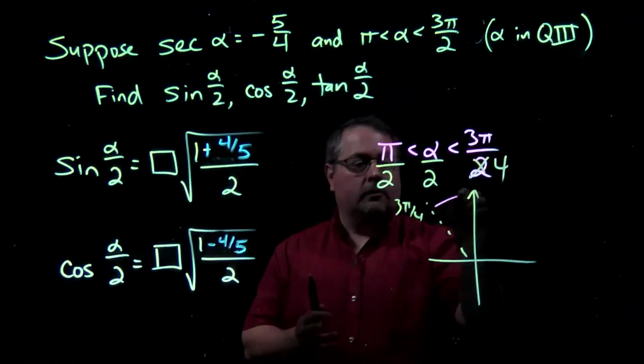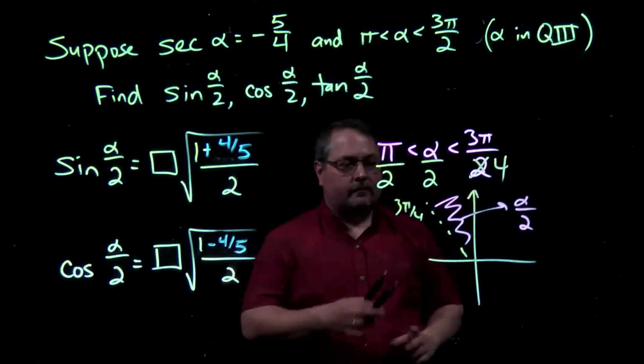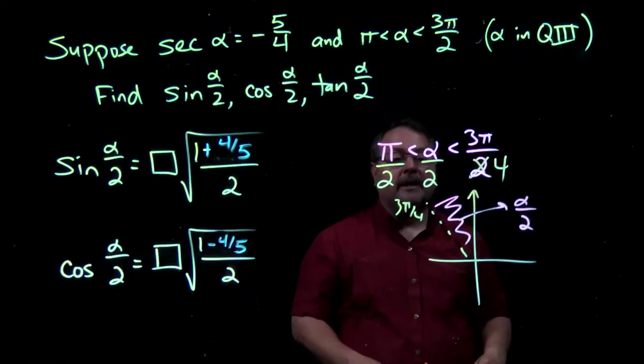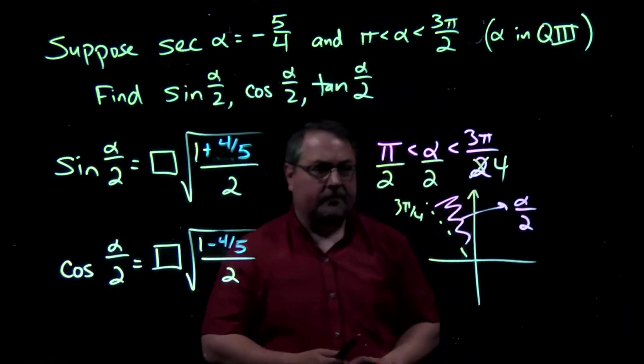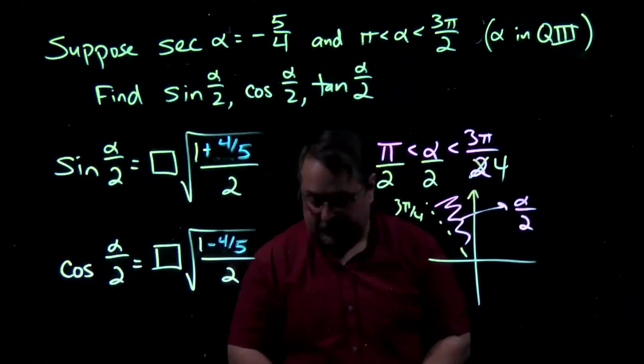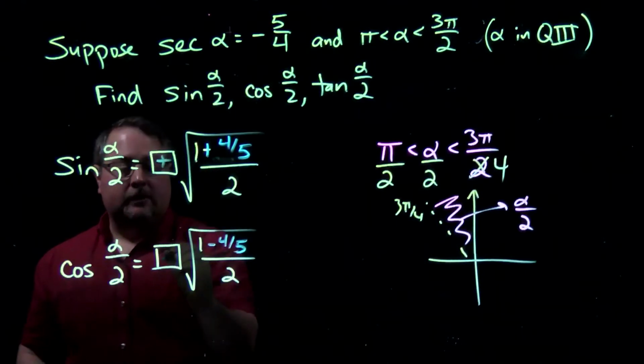Okay, so alpha over 2 has to be somewhere in here. It has to be between 90 and 135 degrees, which means alpha over 2 is in the second quadrant. Okay, therefore, the sine of alpha over 2 is positive, and the cosine is negative.